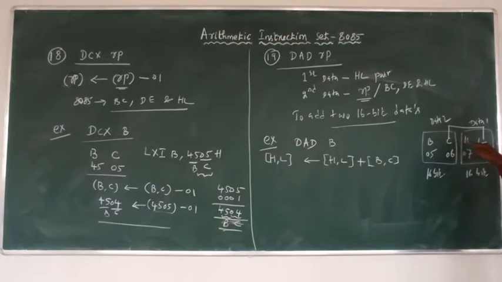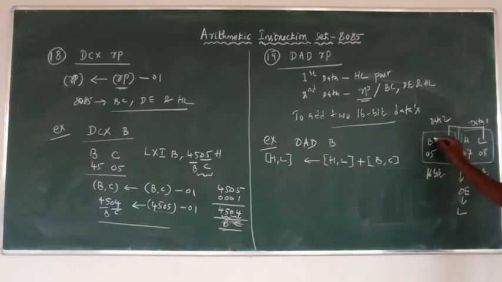Now add L with C, 6 plus 8, decimal 14 and corresponding hexa value E. That result will be stored in L register.